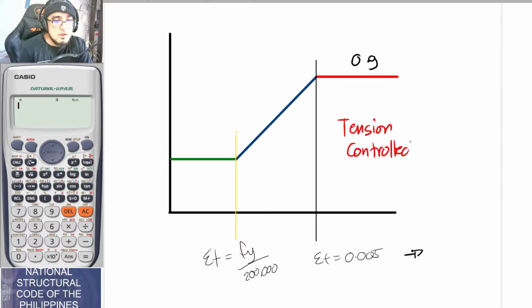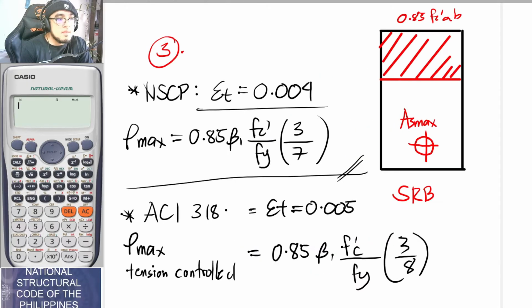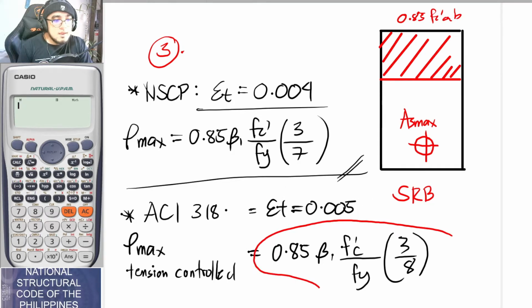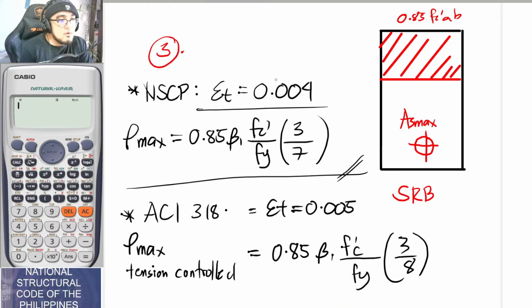So if you can see here, guys, if this is to be used in the equation before, your equation would now be equal to 0.85 beta_1 fc' times 3 over 8. And if you would be using the NSCP provision, you would be using 3 over 7 instead of 3 over 8.